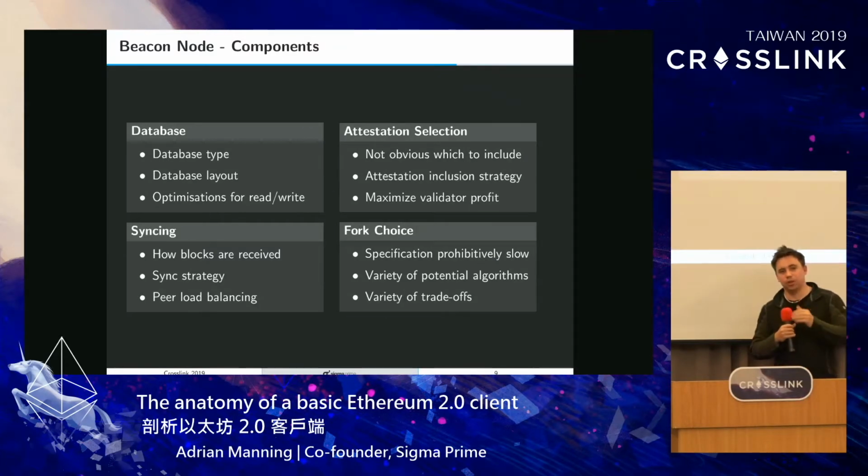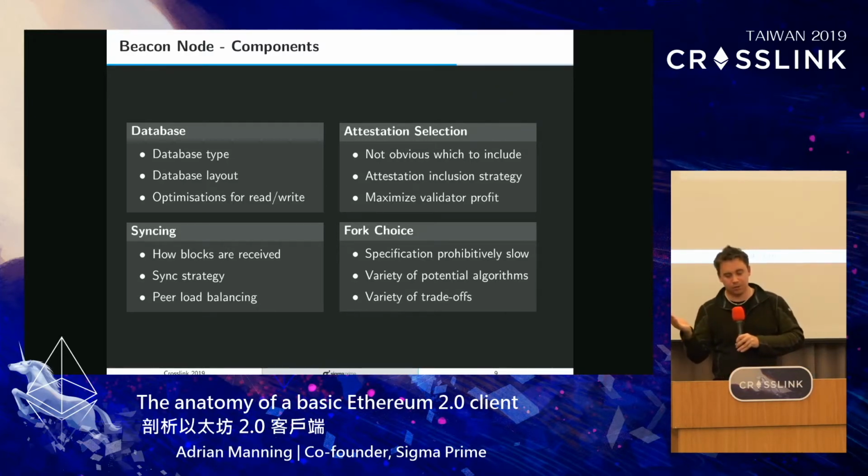They need to use an optimization of the original specification. There's a range of these different potential algorithms that clients can use, and some of them have different trade-offs as well. Pretty much everything I'm talking about here has some trade-offs, so implementations, depending on what they're focusing on, will take one trade-off over another. So you might find that different clients are faster in some regards and slower in others.